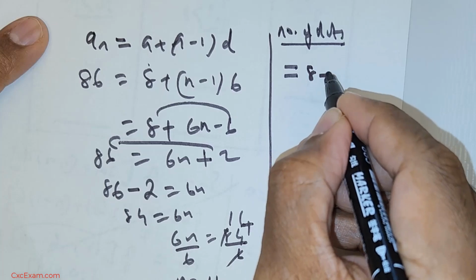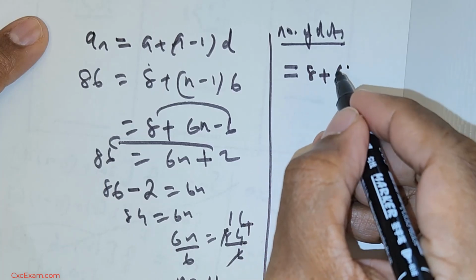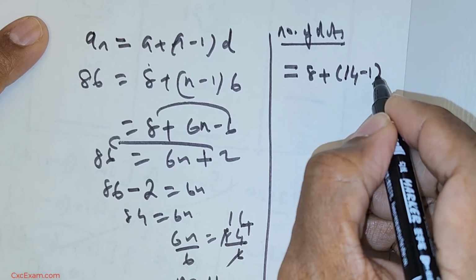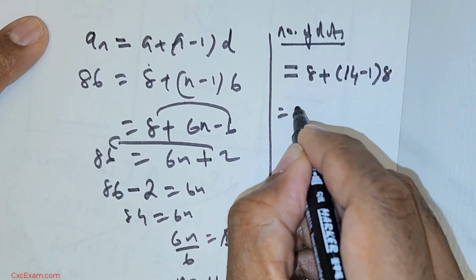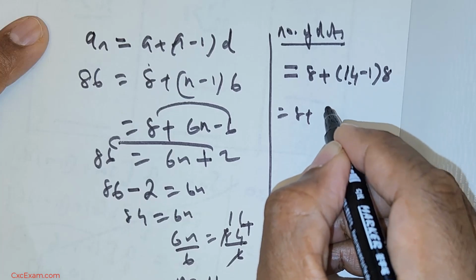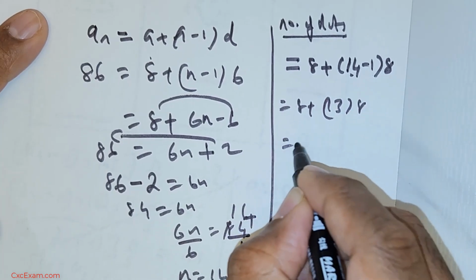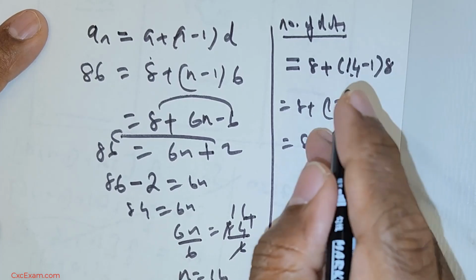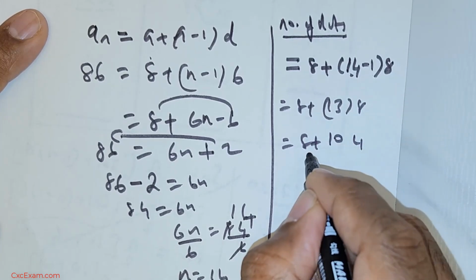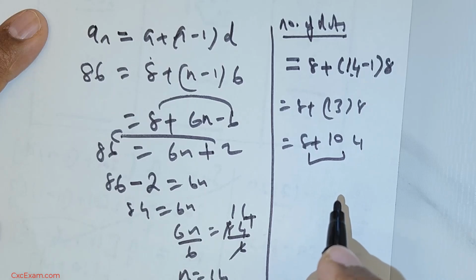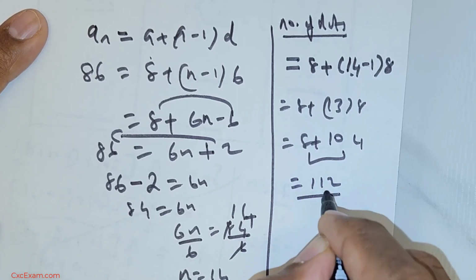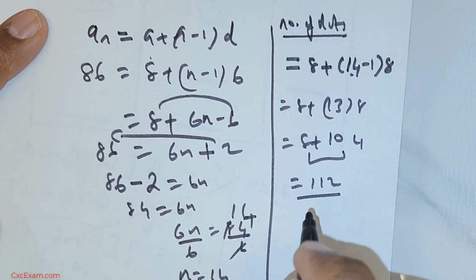The first term is a, positive, n is 14 minus 1, the common difference is 8. So it's equal to 8 positive, 14 negative 1 is 13 multiplied with 8. So this is going to be equal to 8 positive 104, so you add these two together, you get 112 dots, right? So this is the solution for the second column.